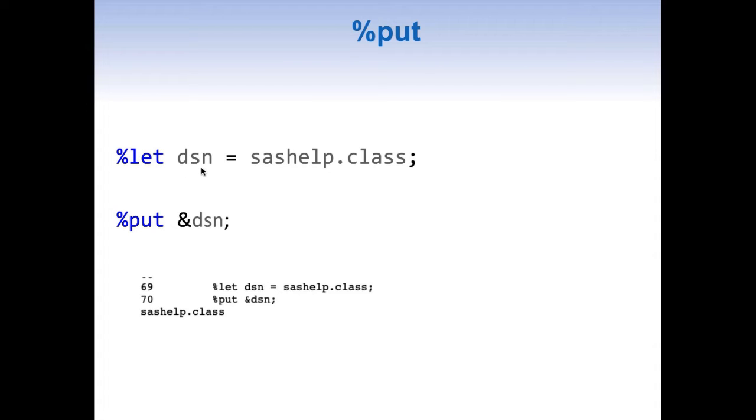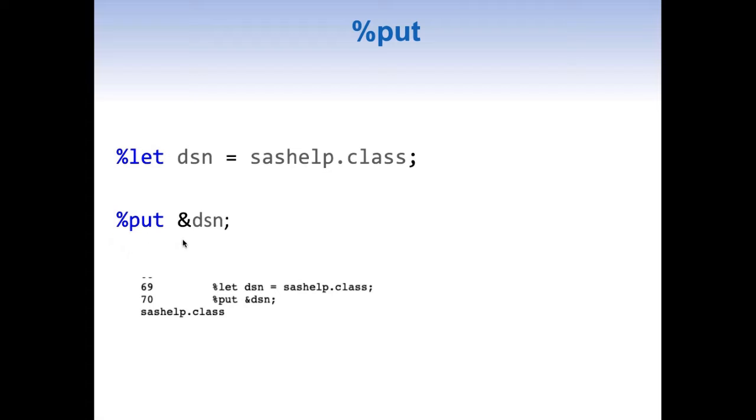Now, when we say %let dsn = sashelp.class; and when we run this code, we are creating a macro variable and we are referencing this macro variable by using a %put statement. As and when we use put or %put, we have to remember that the main concept there is to put the values in the log.